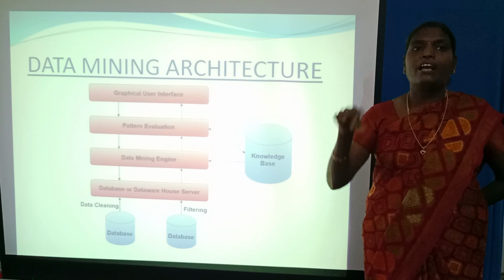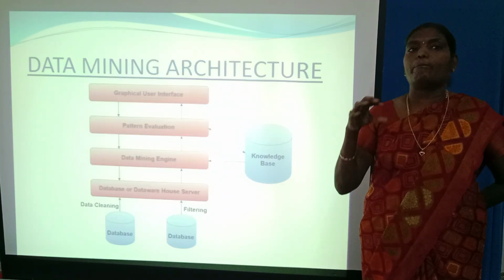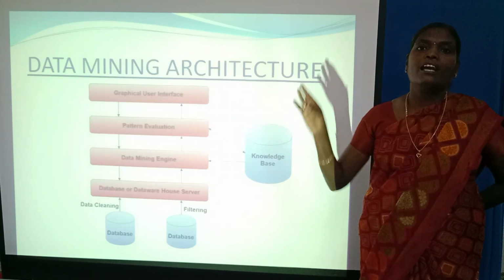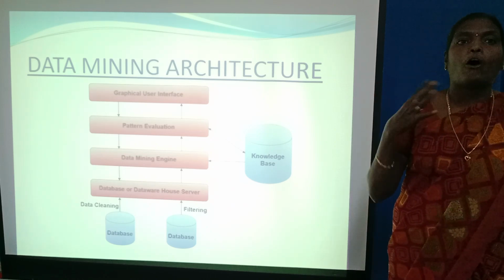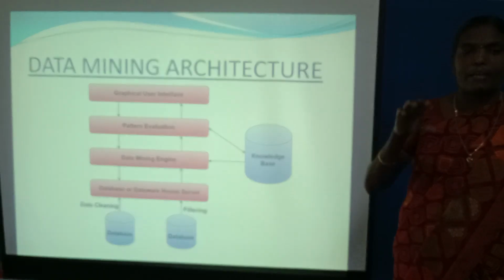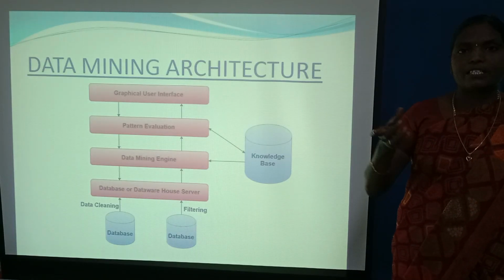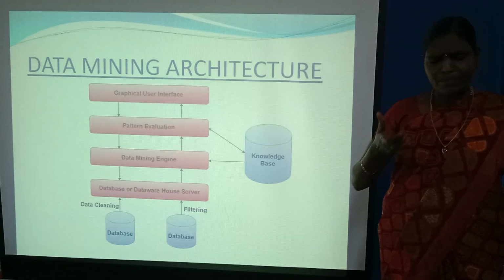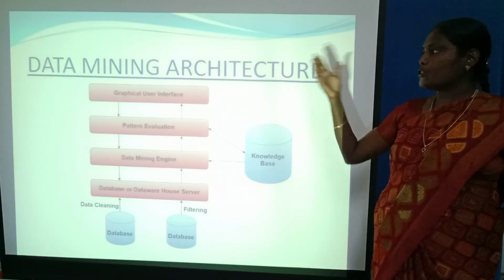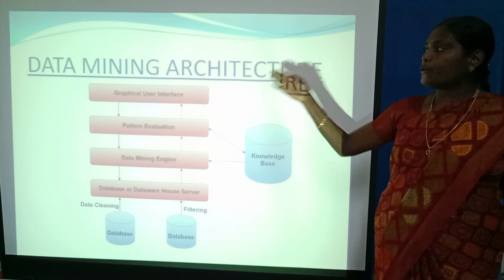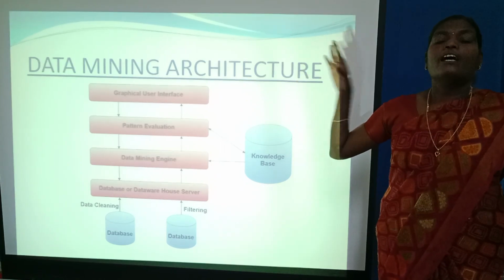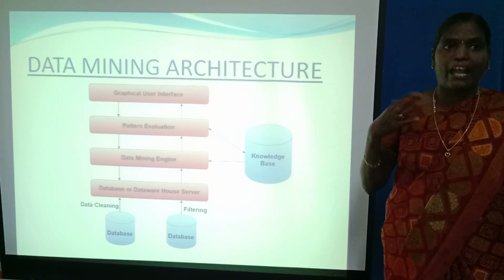Without the GUI, we are not able to do anything, because using the GUI we can do the process fast. The main usage of data mining, as I told you, is fast data processing, so the GUI is helpful for that. Using it, we can do the process graphically, fast and efficiently.